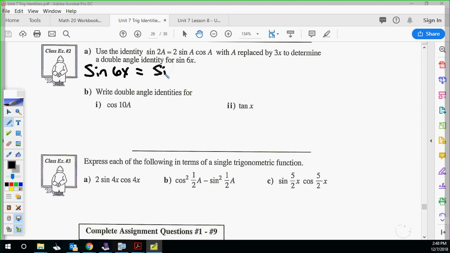Exactly. 2 times 3x. So we want to write it like this so we can use a double angle formula. We just pull the 2 out of it, because now it meets our requirements, right? What's our a? 3x. So now it's 2 sine 3x cosine 3x. Done. That's a double angle identity for sine 6x.